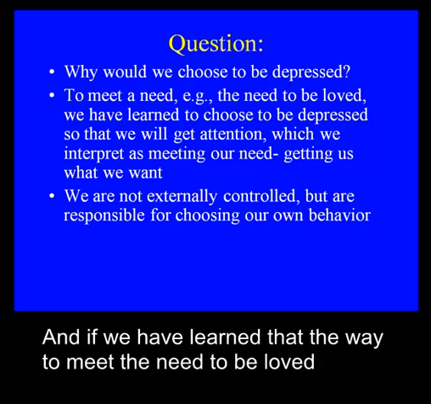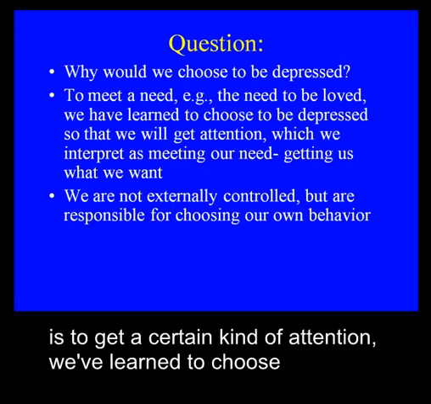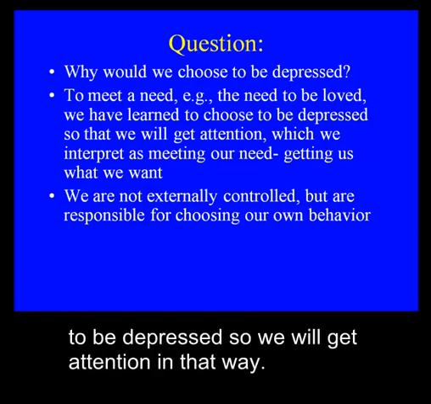And if we have learned that the way to meet the need to be loved is to get a certain kind of attention, we've learned to choose to be depressed, so we will get attention in that way.